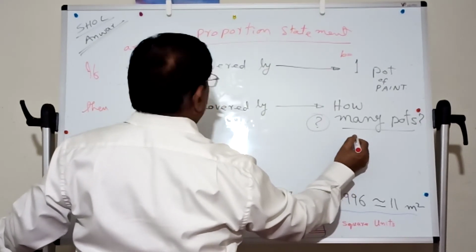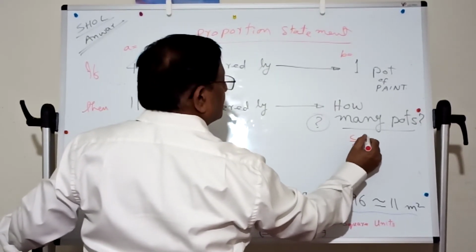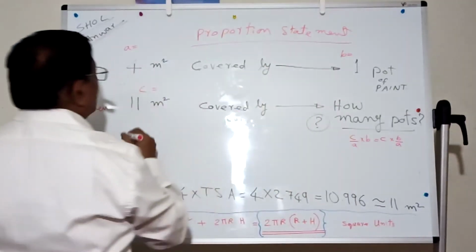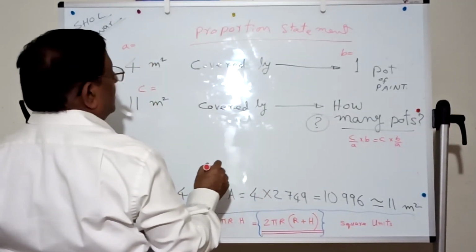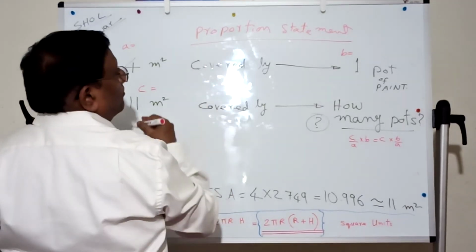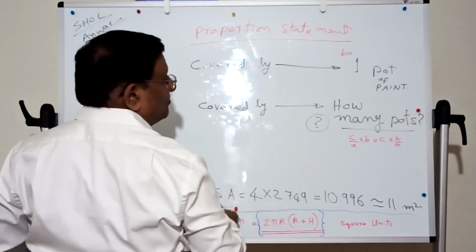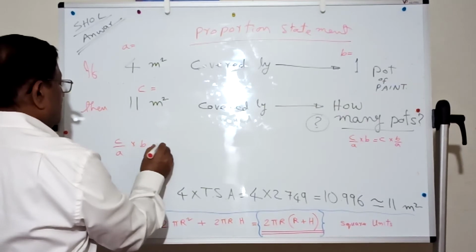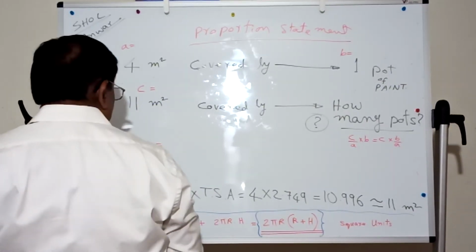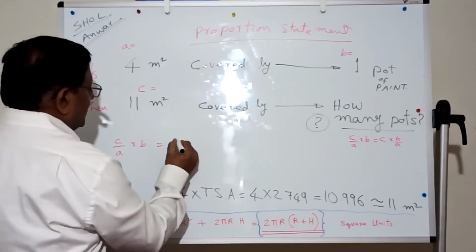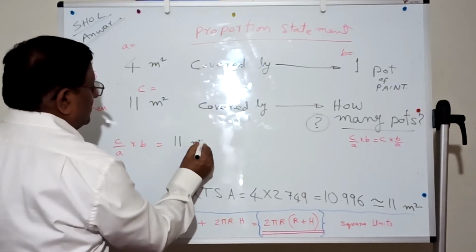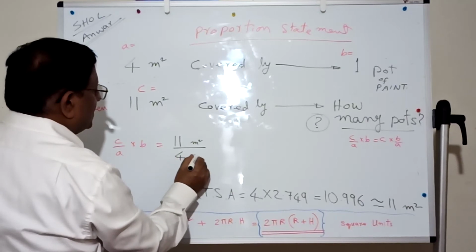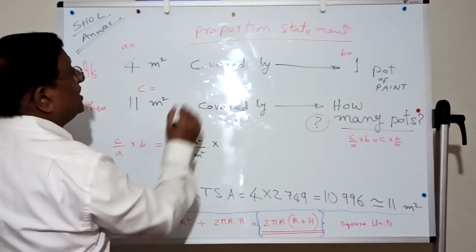The formula for this is always C over A times B, or C times B over A. That means C is 11 square meters, and this should be the same, one over the other. A is 4 square meters times B is 1 part.